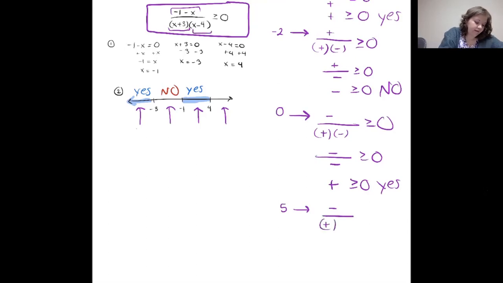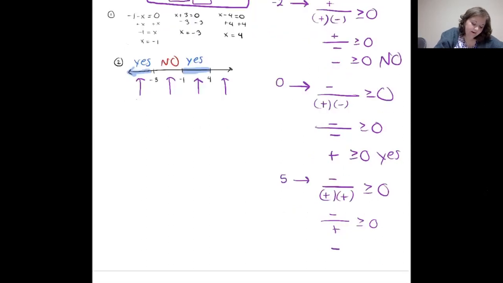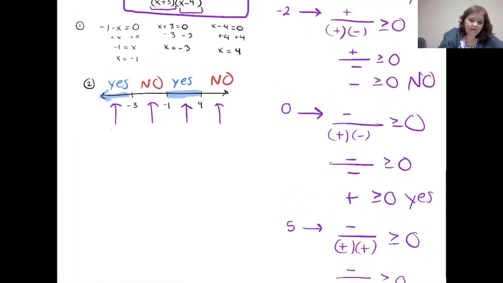And then we plug it into the next one, 5 minus 4, which is positive. We ask, is it greater than or equal to 0? So negative on top, positive on bottom. And negative divided by positive is negative. And it's not greater than or equal to 0. No, not true. And so in the end, we just have those two intervals being correct.